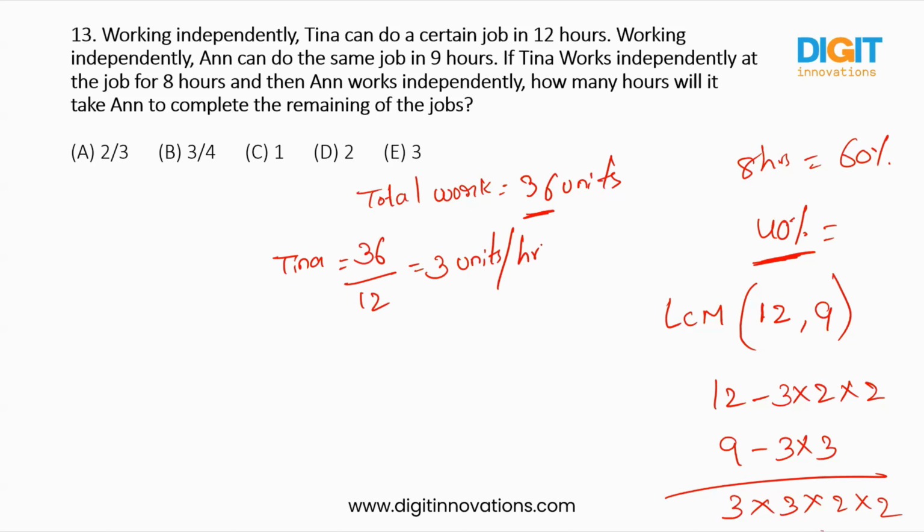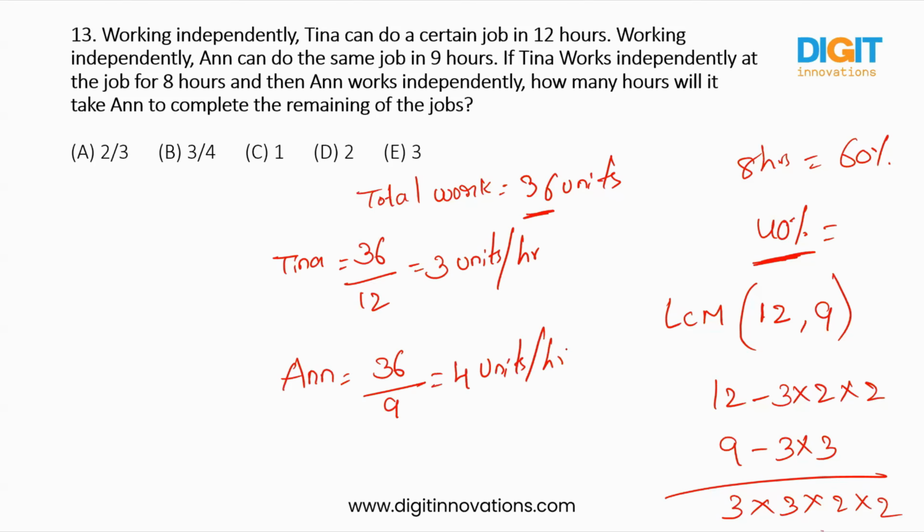Tina is completing 3 units per hour. And when it comes to Anna, she needs only 9 hours. That means she was completing 4 units in an hour.